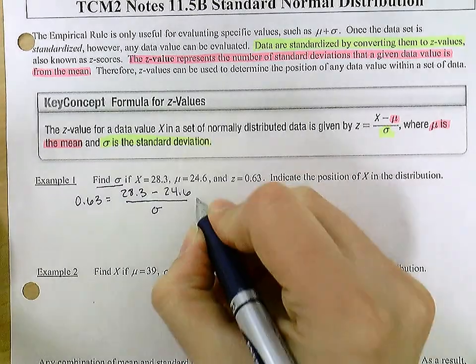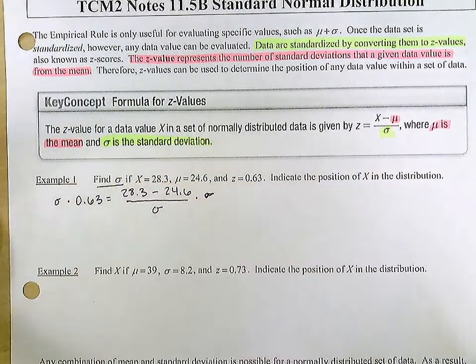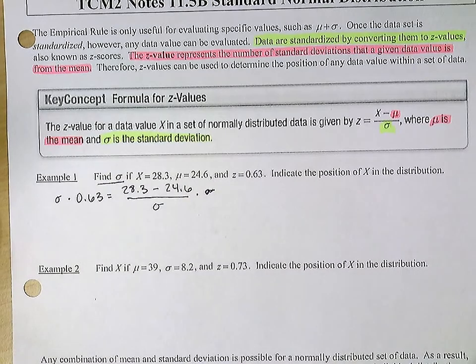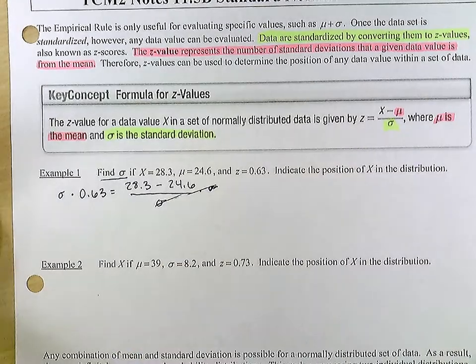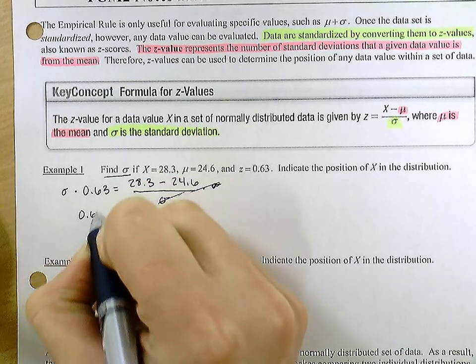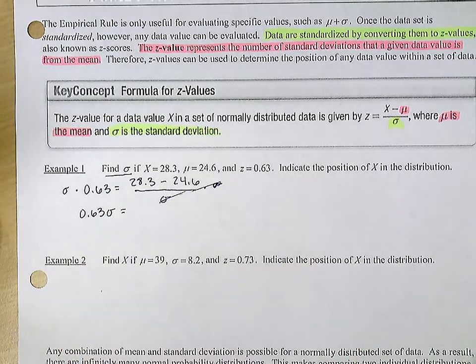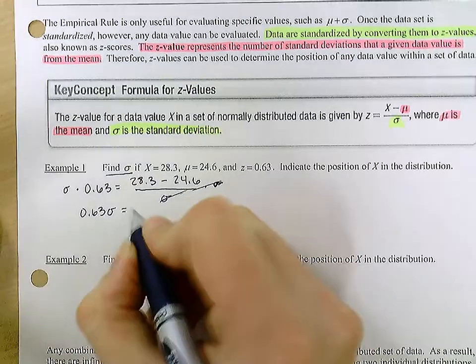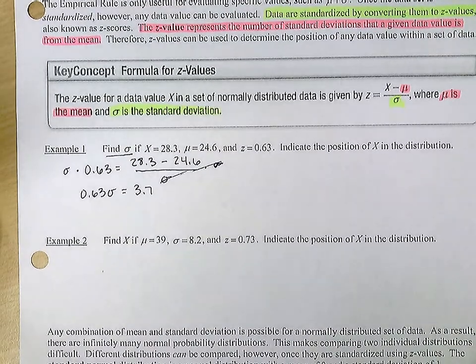From here we just need to solve for sigma algebraically. I'm going to multiply both sides by sigma so that on the right they cancel out. So I have 0.63 sigma is equal to 28.3 minus 24.6, which is 3.7.